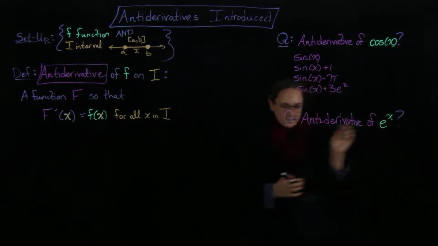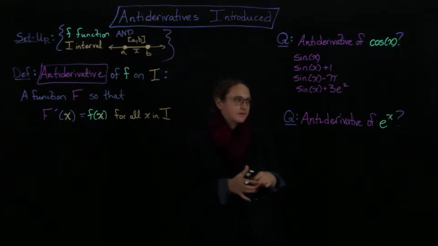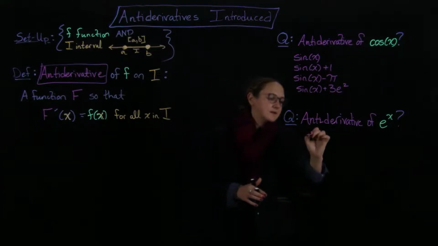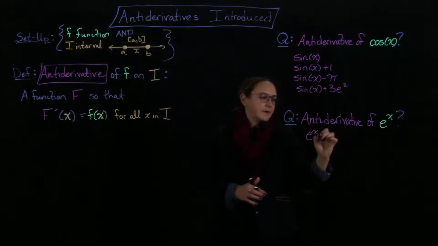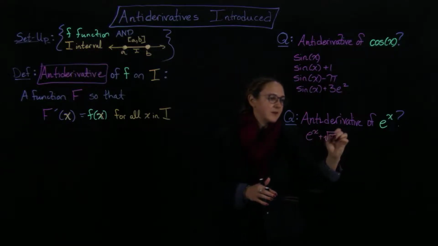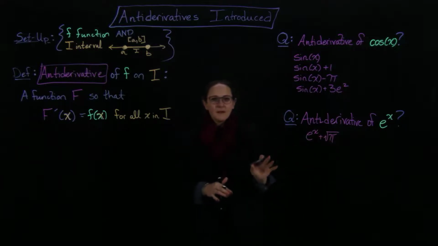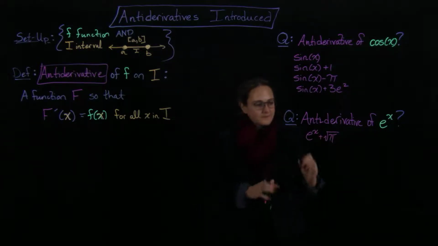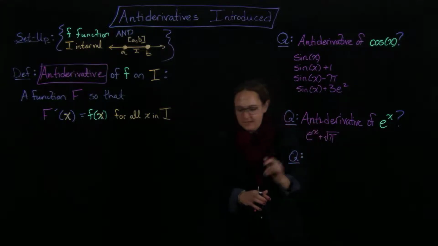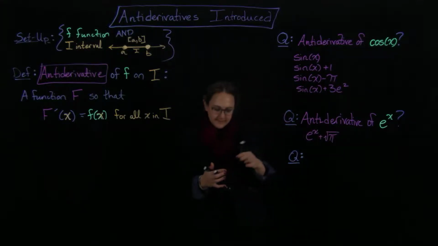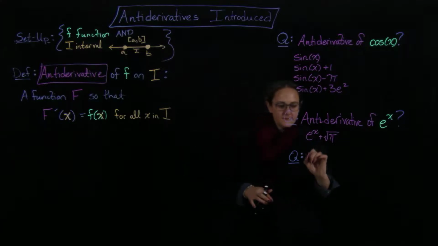Well, e to the x, or e to the x plus anything. So this one's not bad at all. This is just e to the x, plus, say, the square root of pi. Doesn't matter. Now we'll do the slightly trickier one. It's good to warm up to trickier things and make sure we have all the pieces in our mind. So what is the antiderivative of?